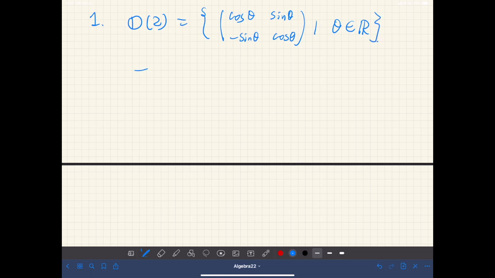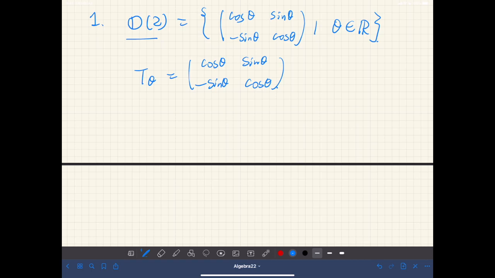Let's denote these matrices by T theta. And we also consider as the binary operator the usual matrix multiplication. Then this set O2 is a group.